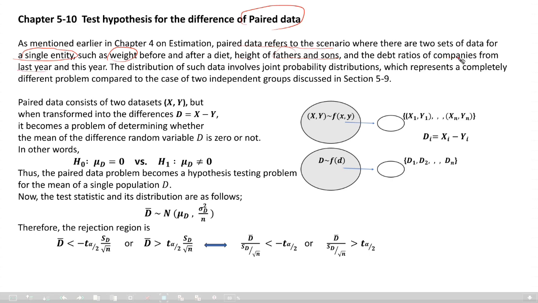So for one company, last year's debt ratio and this year's debt ratio. Is there any difference? We want to know that kind of thing.